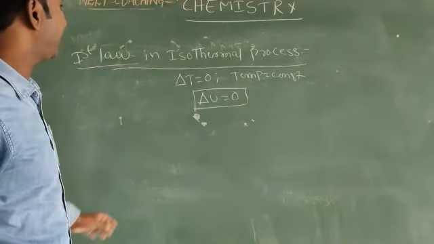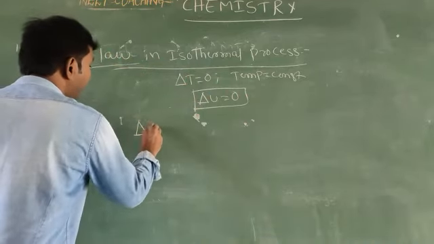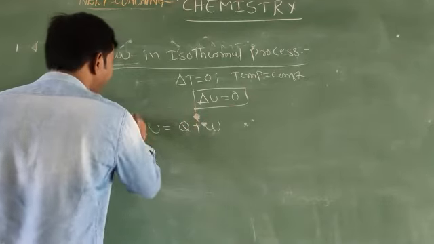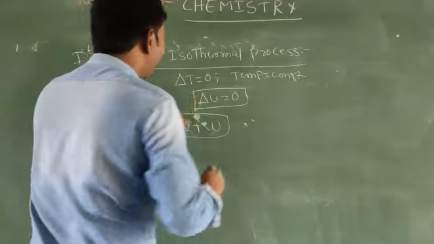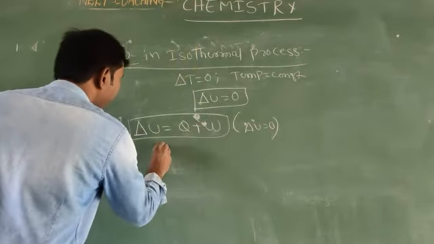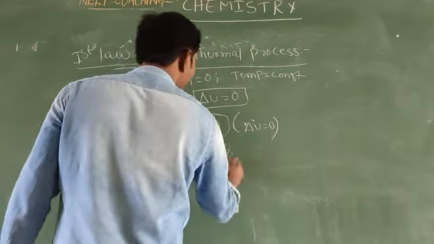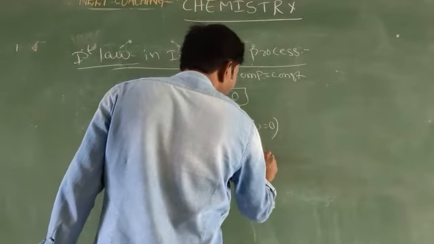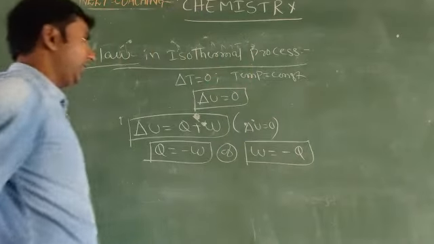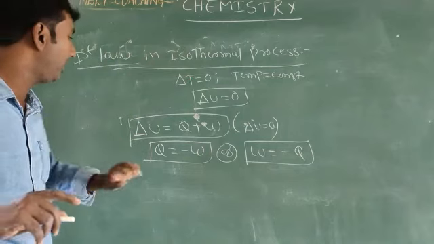Now, thermodynamic first law: del U equals Q plus W. Here del U equals 0. That's why Q equals minus W, or W equals minus Q. Both are the same.